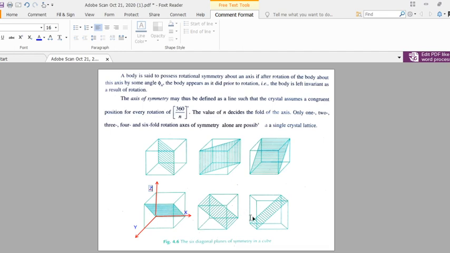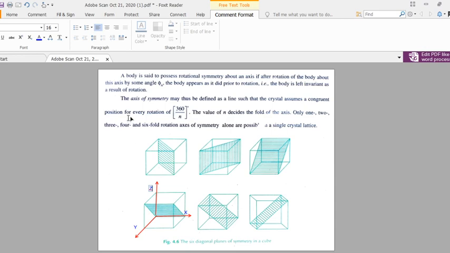In the same way, these are the two diagonal planes which are parallel to the y axis. This plane is cutting the z and the x axis, but it is parallel with your y axis. So this is lying in the zx plane. Okay. So 6 diagonal planes are there and 3 straight planes are there.